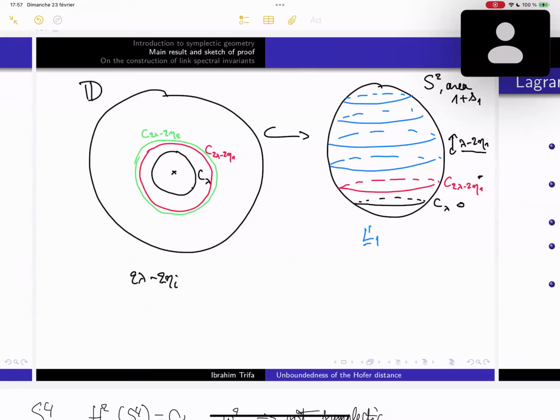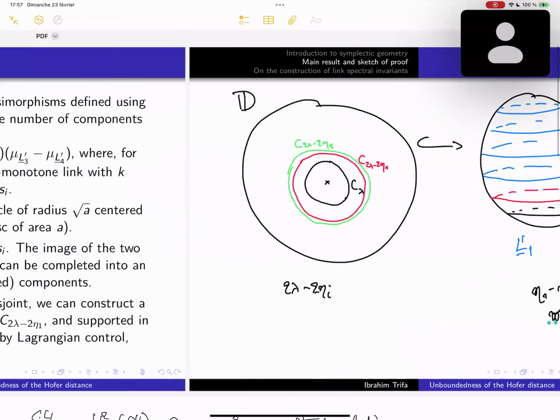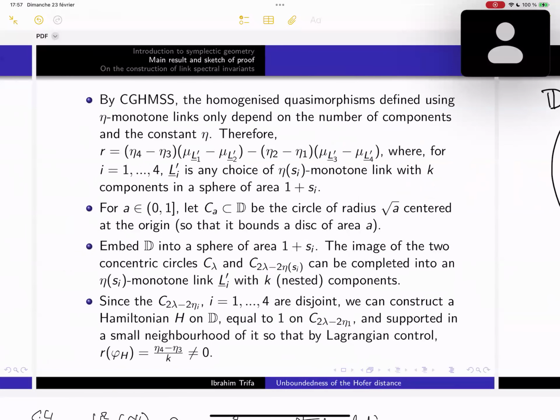And so we get an eta 1 monotone link with k components, L prime i. And so, as we said before, we can compute our quasimorphism using those new links instead of the ones we had before.